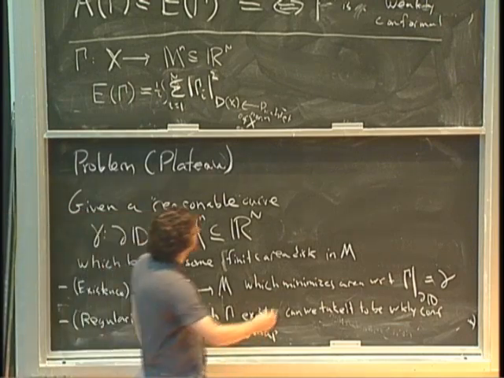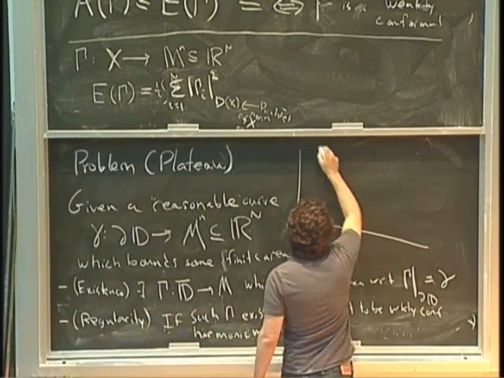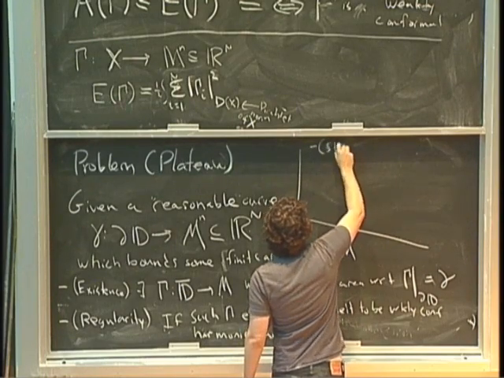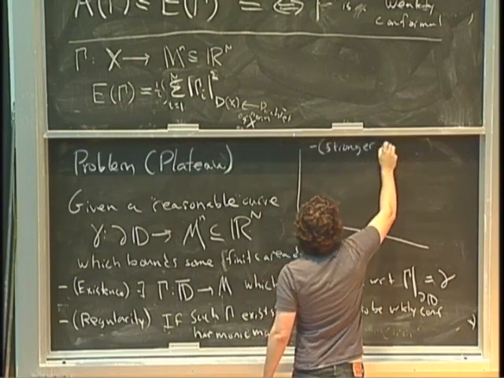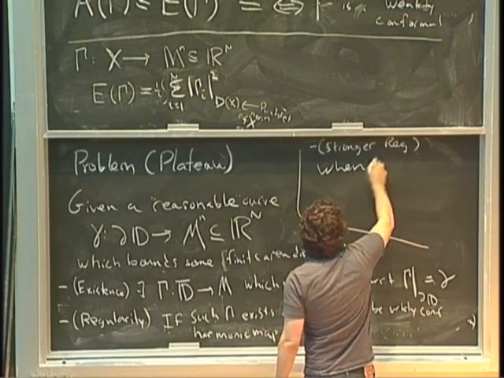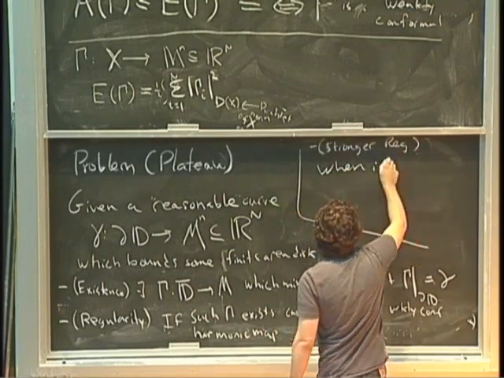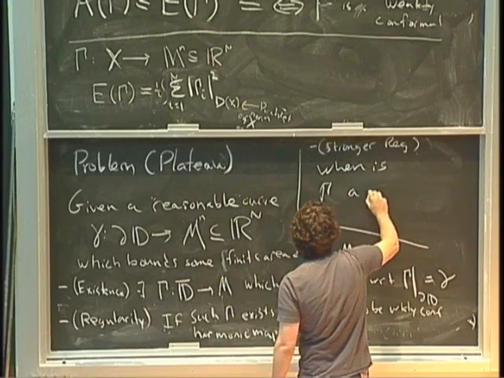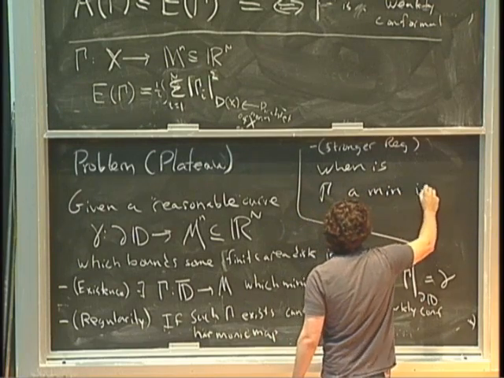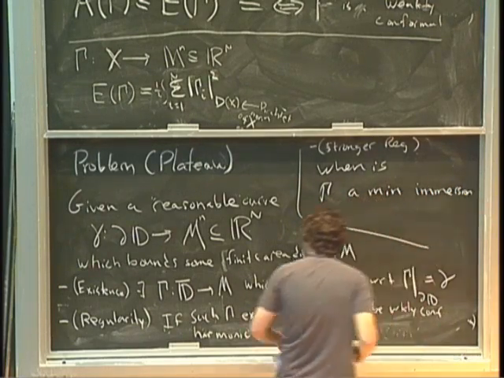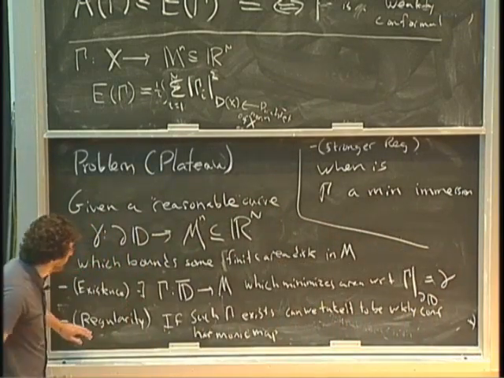And then maybe just the final part. There's a kind of stronger regularity, and since we already know in general this can't be true, when is gamma a minimal immersion?